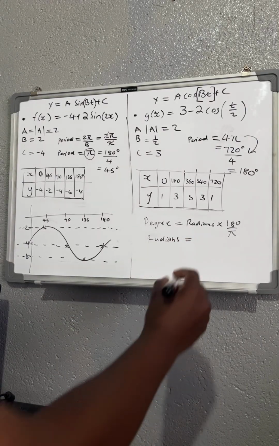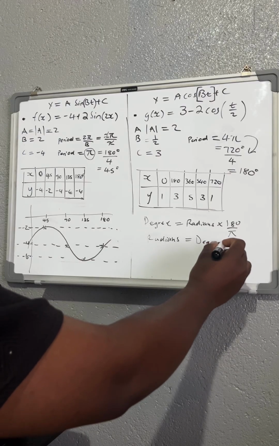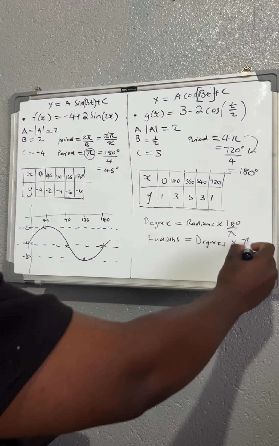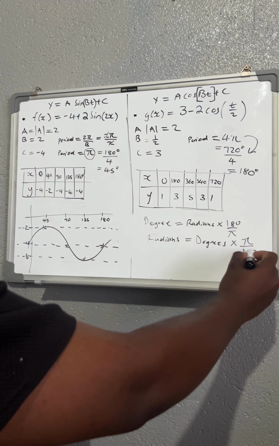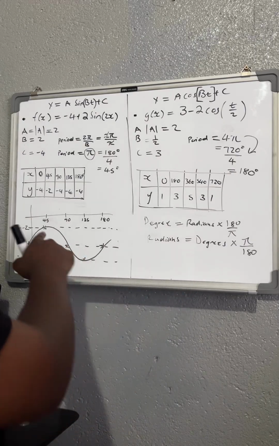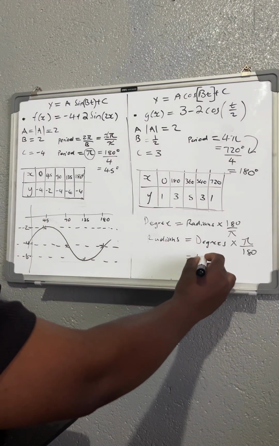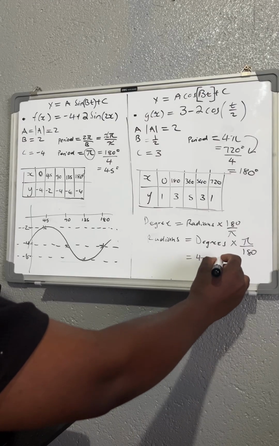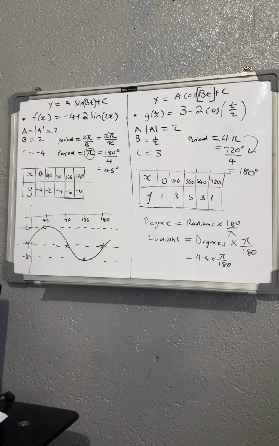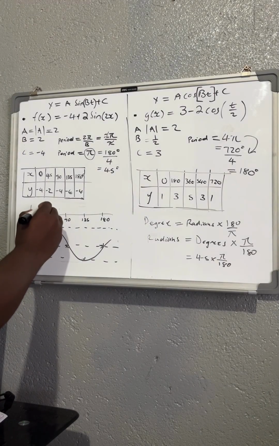Your radians will be equal to your degrees multiplied by pi over 180. So when you come back to this one, let's say you're calculating for this point, you have your 45 multiplied by pi over 180 on your Casio. When you punch it, you will see that it's going to give you pi over 4.